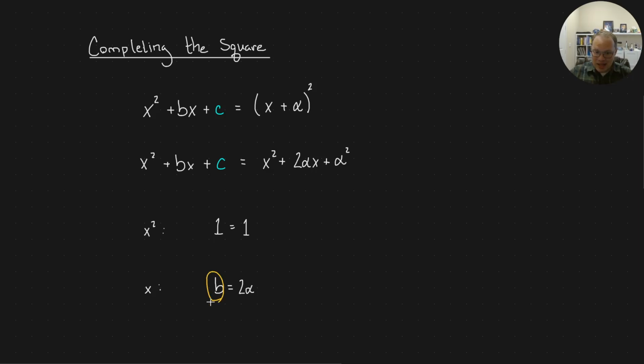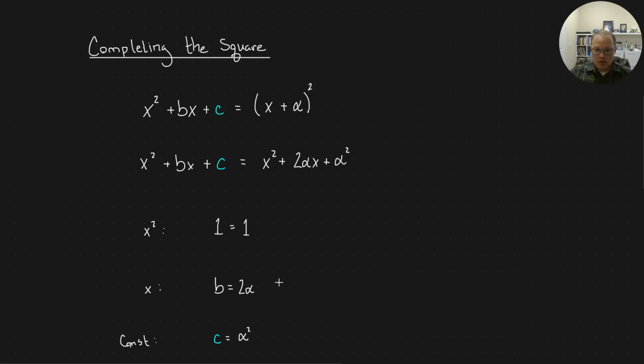Because I know what b is, that tells me what alpha is. And if I go for my constant term, the term without any x's, on the left-hand side it's c, that's what I'm looking for, and on the right-hand side it's alpha squared.